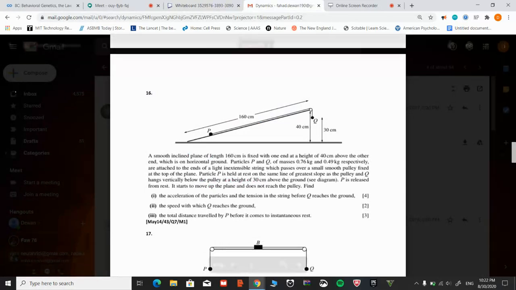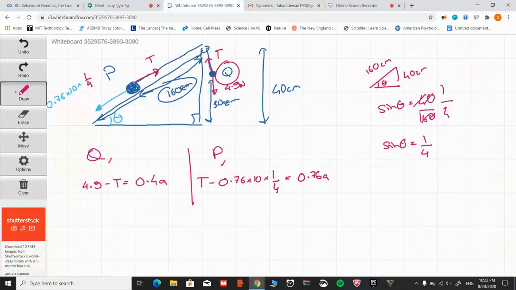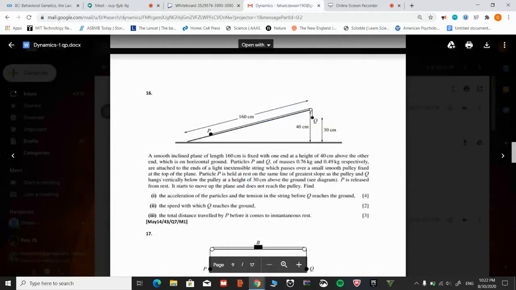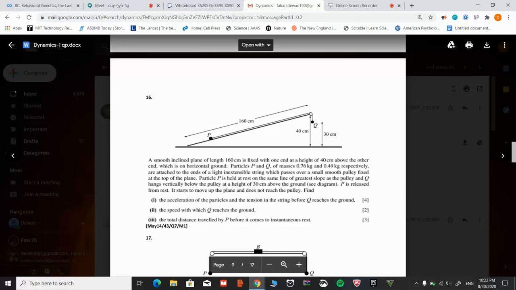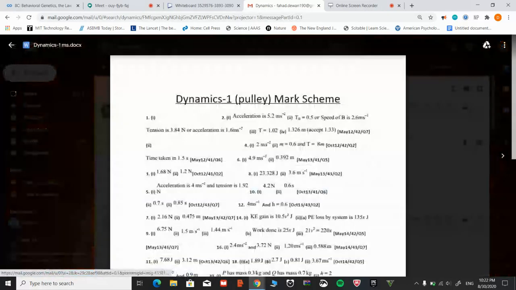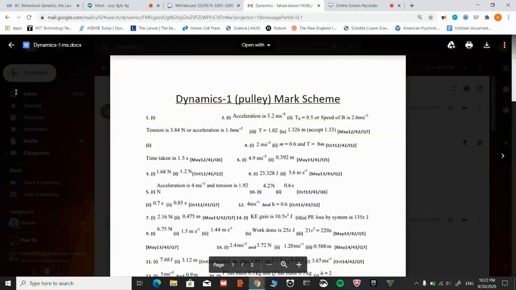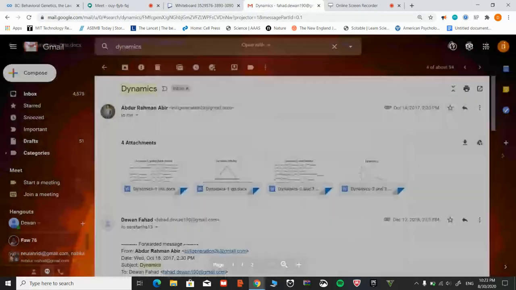So pretty simple, except the forces now have mg sine theta in them. I'm not going to waste time calculating. I'm just going to pick the answer. So for 16 it is 2.4 meters per second squared, and the tension is 3.79. So 2.4.